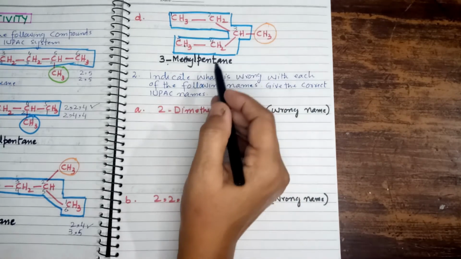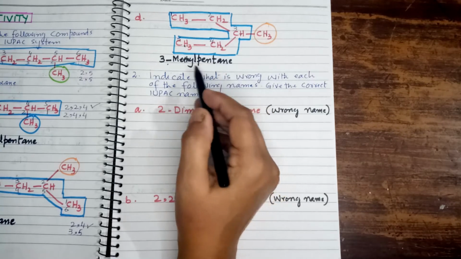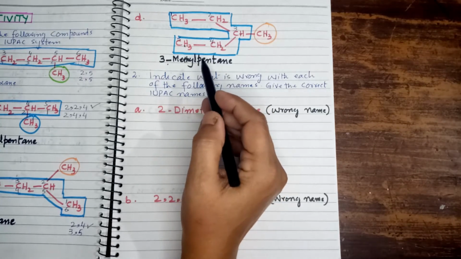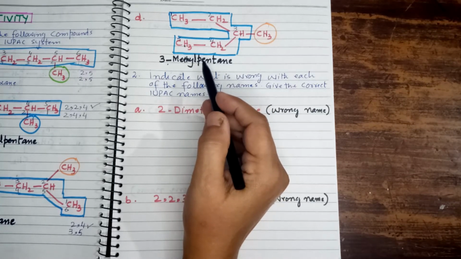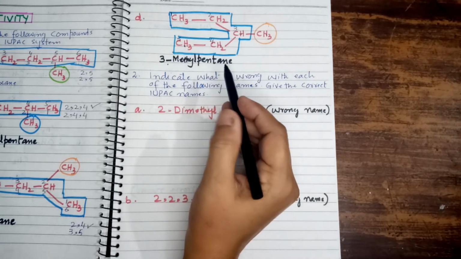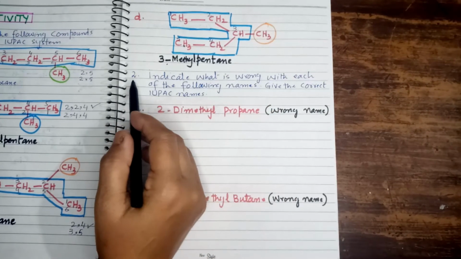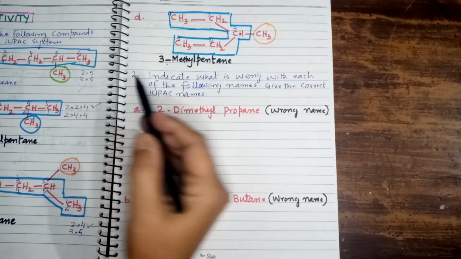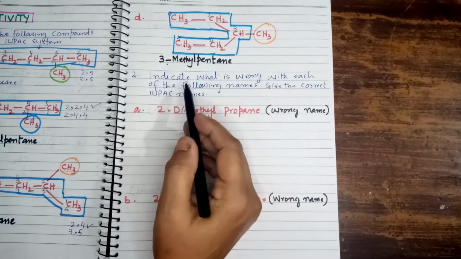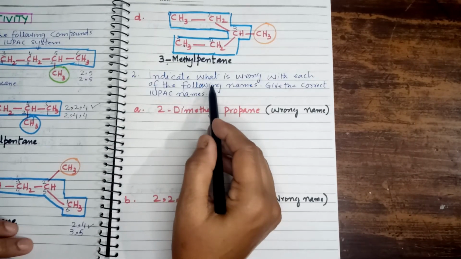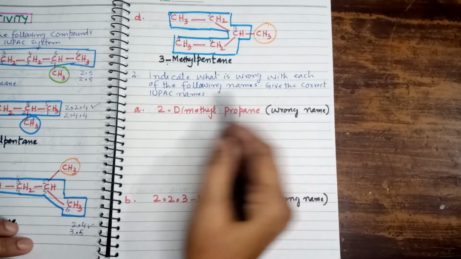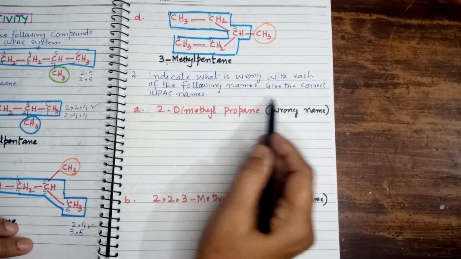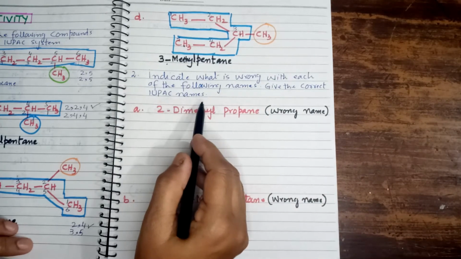Okay. Now we have done all the 4 parts which are given in question number 1 of the activity, right? After that, question number 2 is given in this activity. Let's see what the question is. Indicate what is wrong with each of the following names. Give the correct IUPAC names.